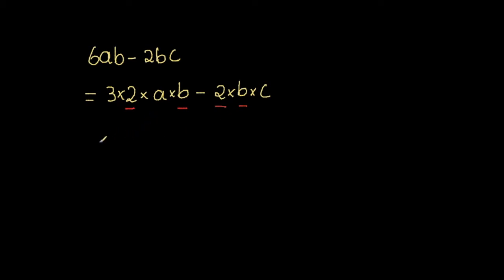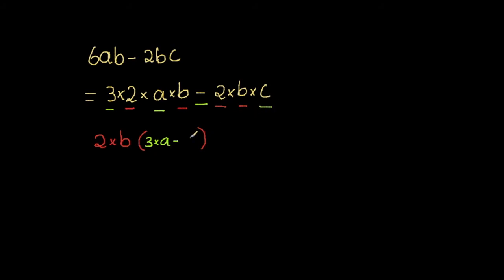That is the highest common factor, so we're going to pull it out: 2 times b. Then we open up the brackets. What do we put inside? We put what remains. There's a 3 that remains here and an a, so 3 times a. There is a minus, and then there is a c.